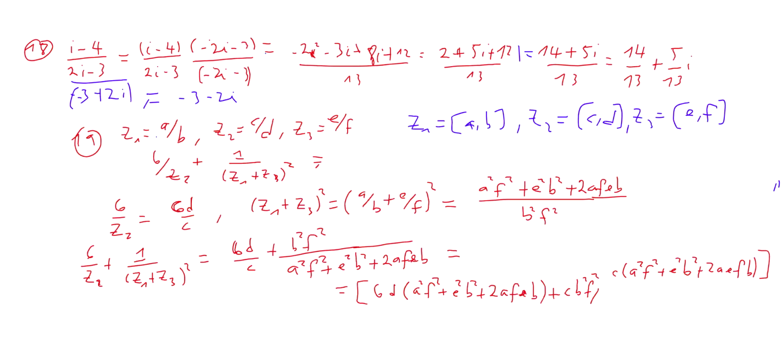If you put it together, you'll be able to arrive at this solution here. We can write c into brackets a squared f squared plus e squared b squared plus 2afeb.